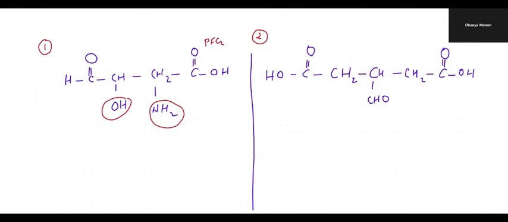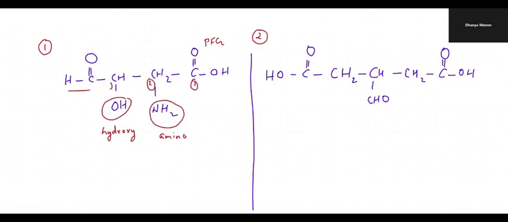And then I have aldehyde also, which is a less priority group compared to acid. So for alcohol, we use the prefix hydroxy. For amine, we use the prefix amino because they are substituents. And we start the numbering from the primary functional group: 1, 2, 3.